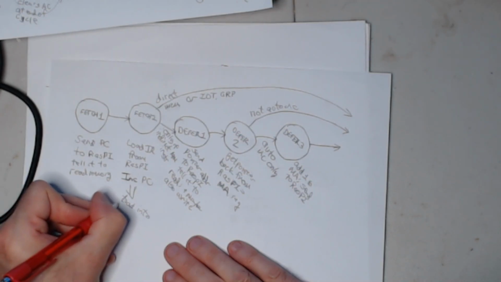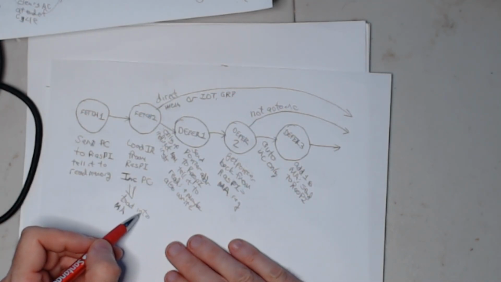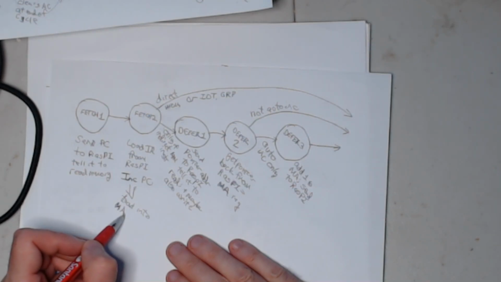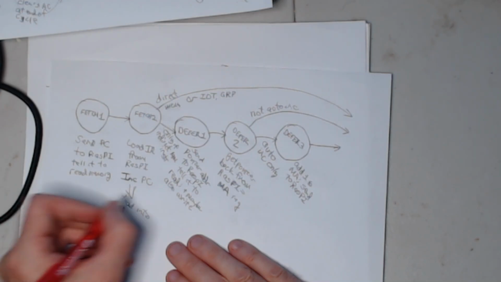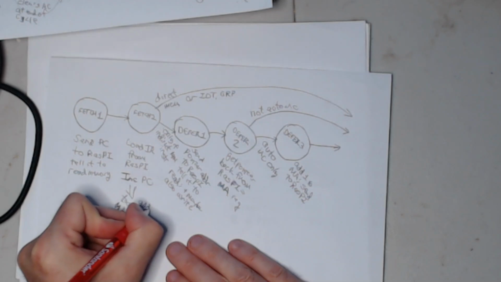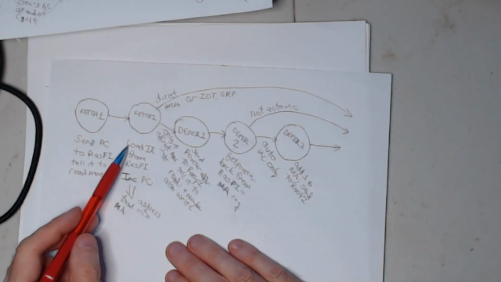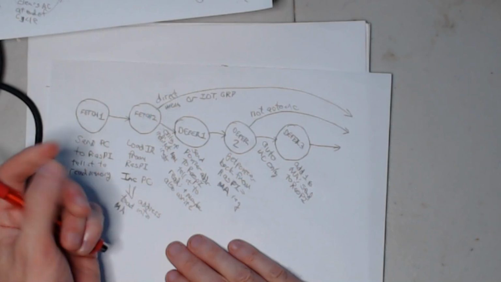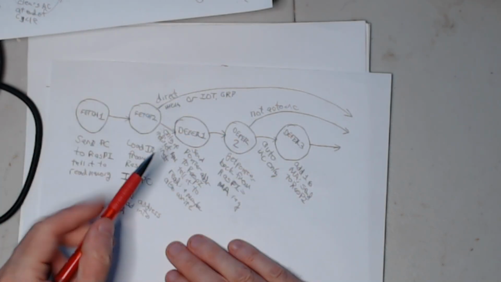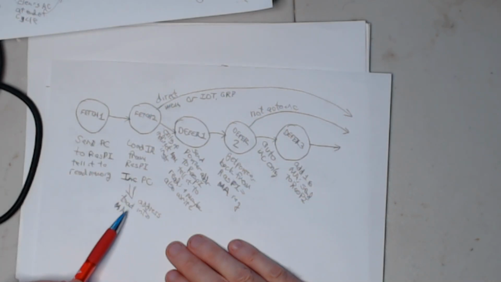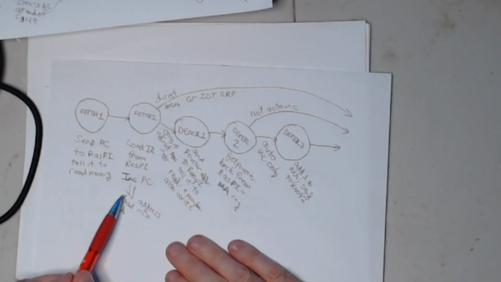Assuming that it was a direct operand address, it's going to load that operand address into the memory address register. I should have mentioned that earlier. So when it reads the instruction back from the Raspberry Pi, it goes into the instruction register, and also the corresponding address goes into the memory address register as well.